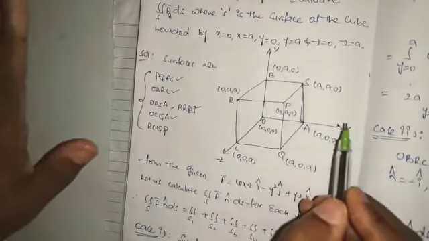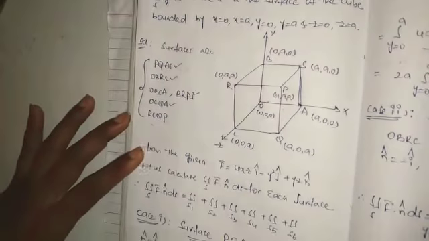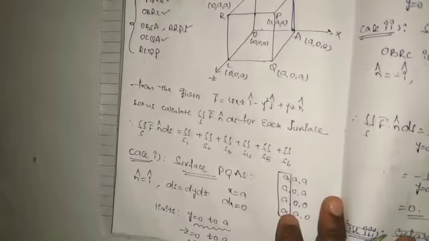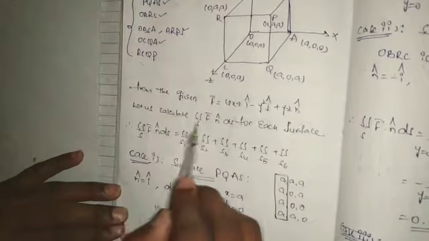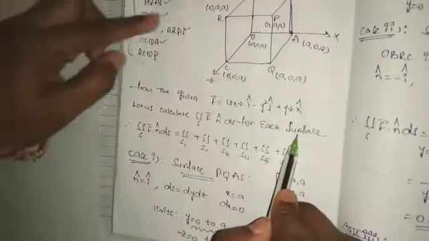In total we have these 6 surfaces. We need to find the surface values using the points. First of all, from the given F bar, the vector point function, let us calculate the double integral of F bar dot n cap dS for each and every surface.